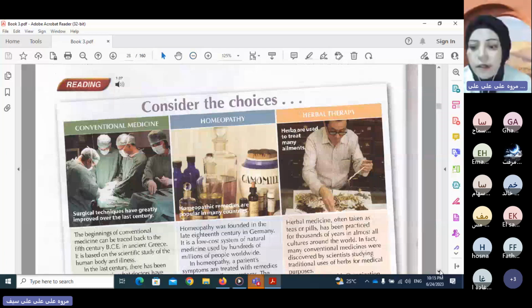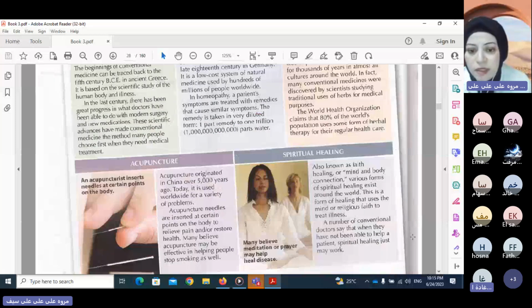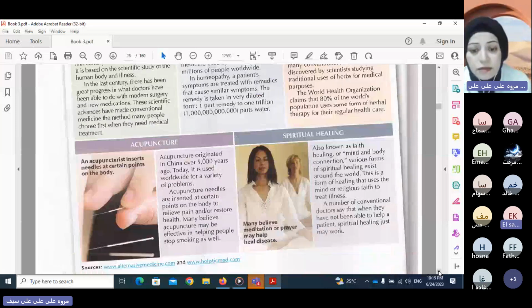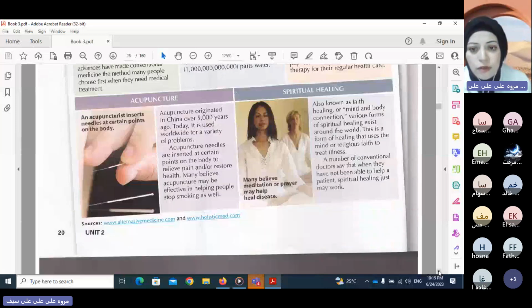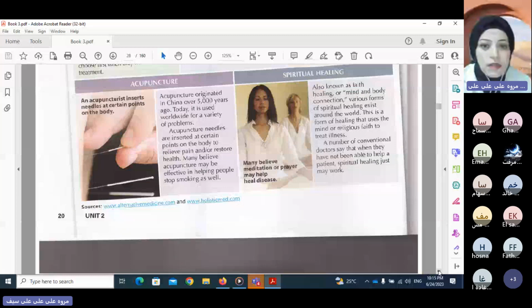Herbal therapy (طب الأعشاب), and acupuncture, the Chinese needles, and the spiritual healing that connects the mind and body together. Okay, like yoga or meditation or prayer. Prayer is wonderful too. Okay, and back to the questions. We have 2 questions here. Let's zoom in, make it bigger.